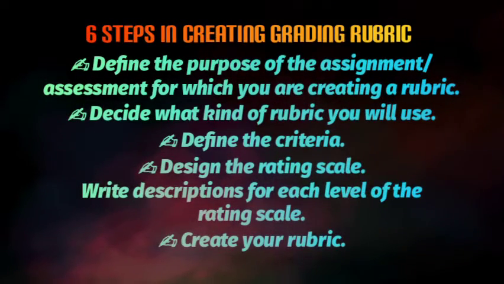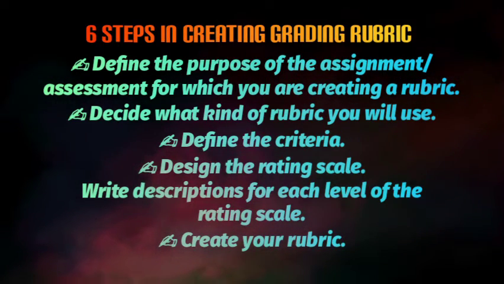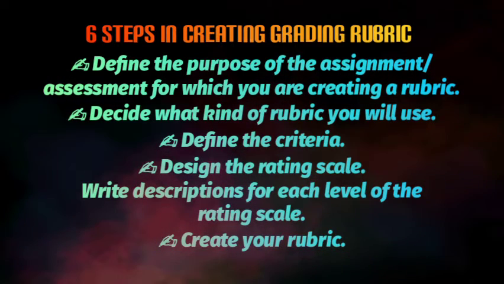These are the steps in order to create an effective grading rubric. The first step is to define the purpose of the assignment or assessment for which you are creating a rubric. In defining the purpose, you need to consider what exactly is the assigned task.